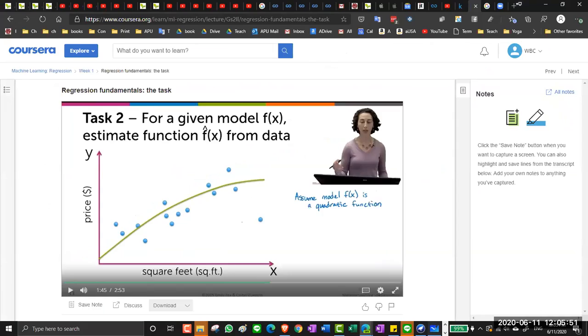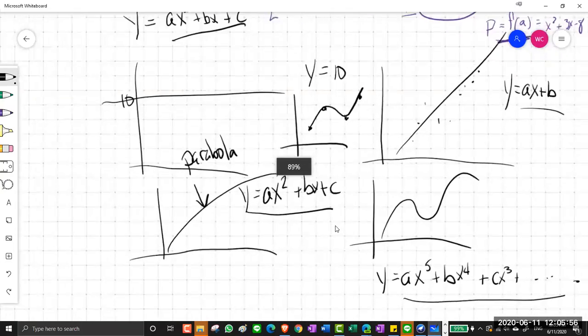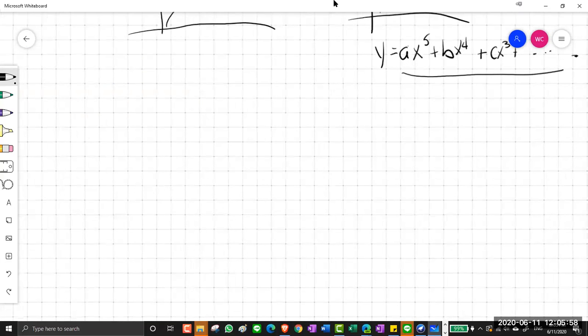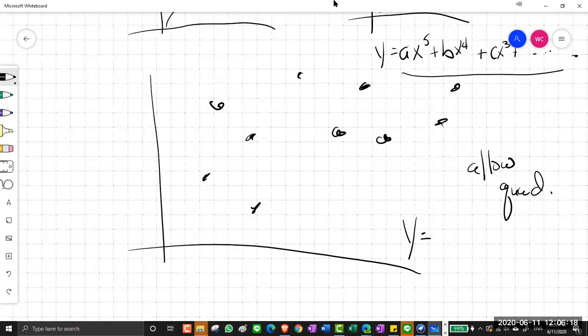In other words, going to here, we have our data and we say, okay, we're going to allow ourselves to use quadratic. Now that means what? We're going to allow ourselves to do ax squared plus bx plus c, right?